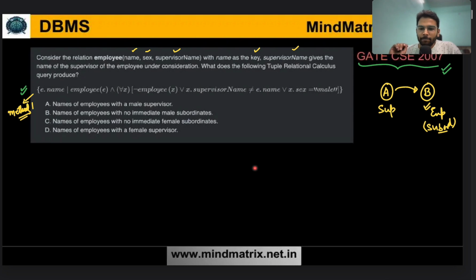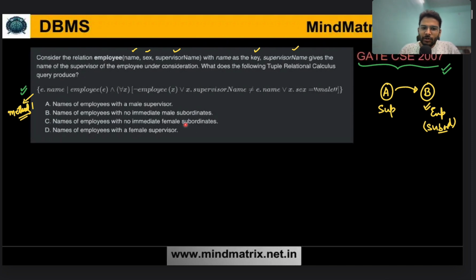Yes or no? Even if I'm reading like this, I won't be able to find any conclusive meaning out of it, what it wants to say, right? So that is the reason the GATE professor wants to frame this query in such a way that you find it confusing and you will commit a mistake.